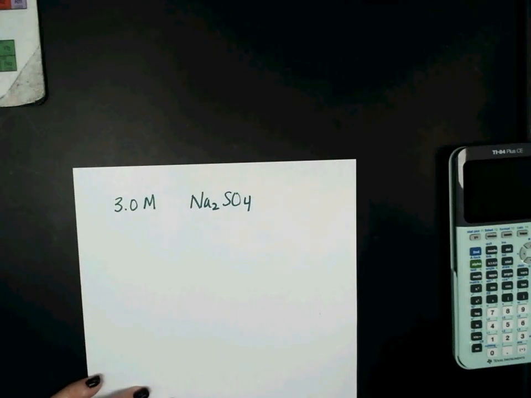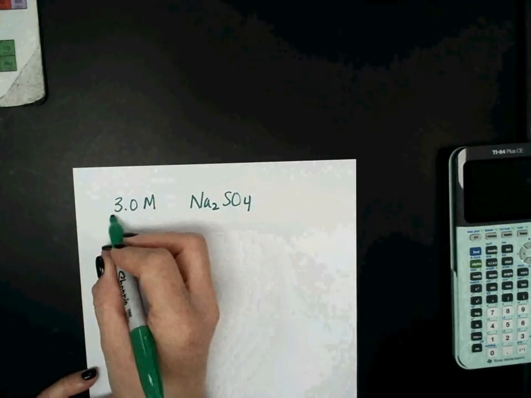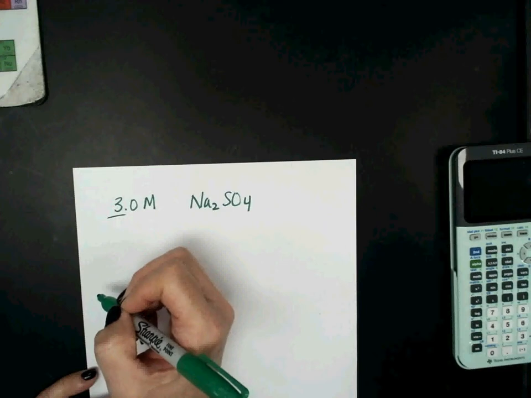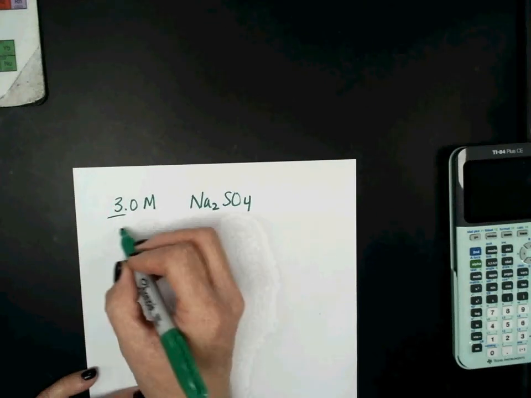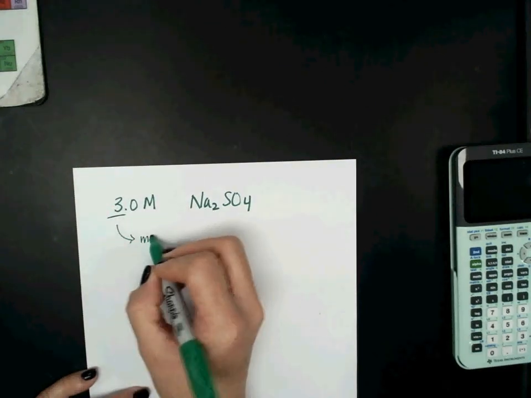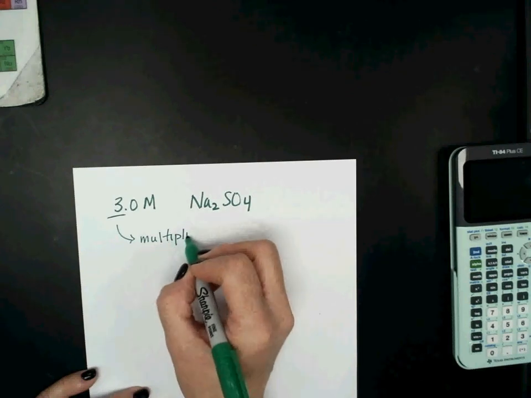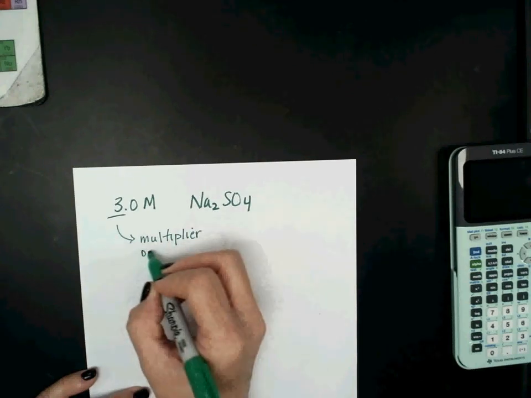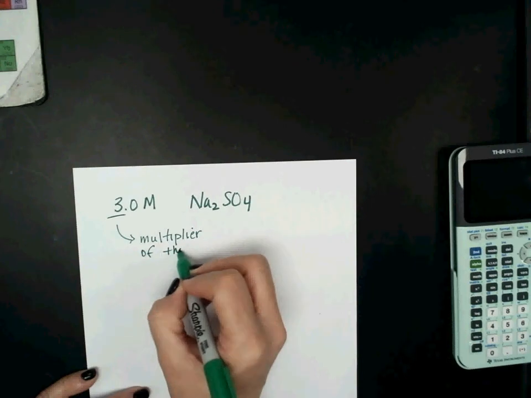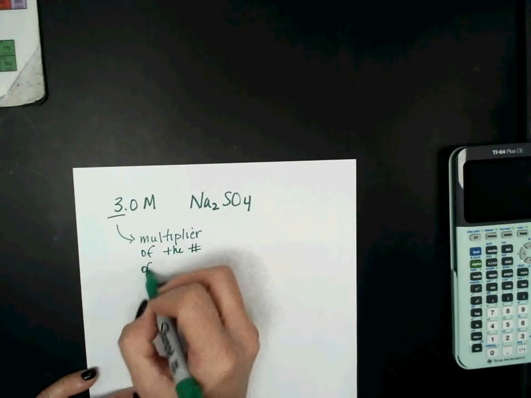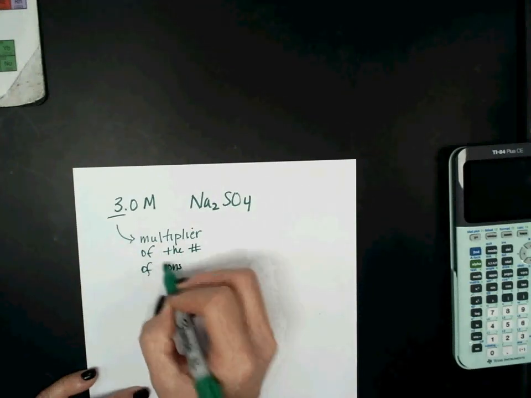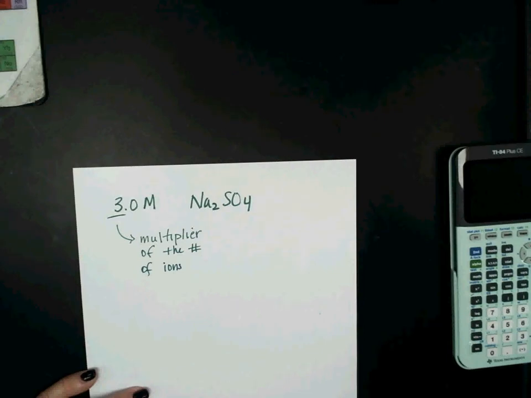And I put it into solution and it dissociates and I get my sodium cations and my sulfate anions. I have to actually apply this 3 molar, think of it as a multiplier of the number of ions.